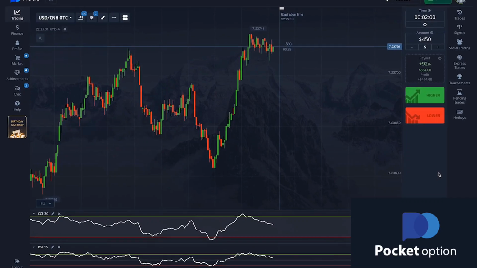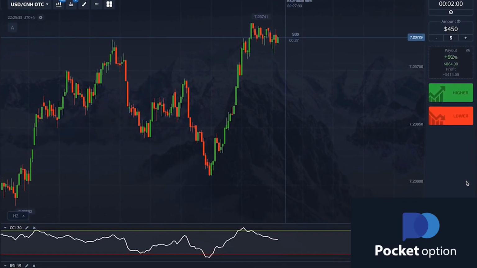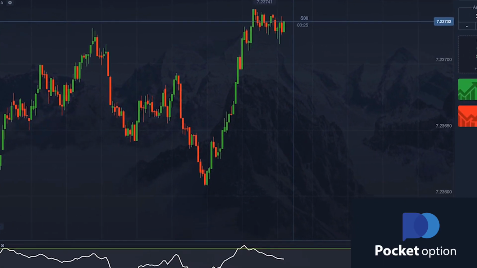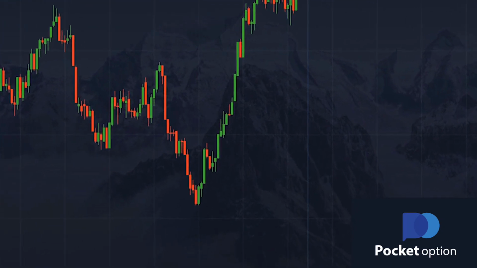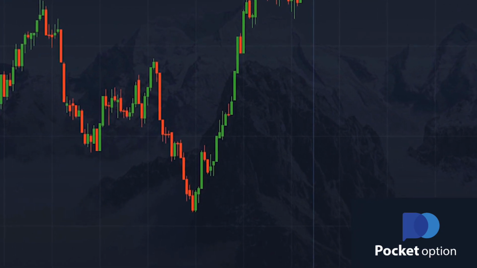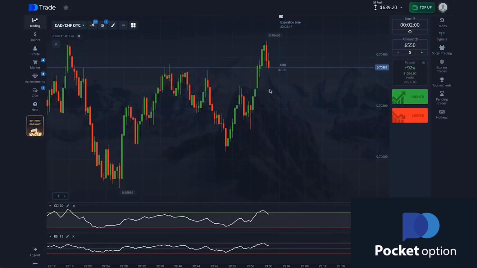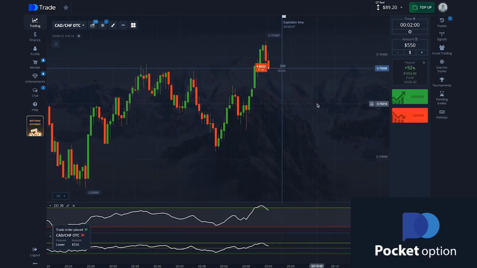There was no clear trend, it was a sideways motion, so I recommend that you skip such situations. If you see a sideways motion, look for another situation, which will be more beautiful and where you will be sure.